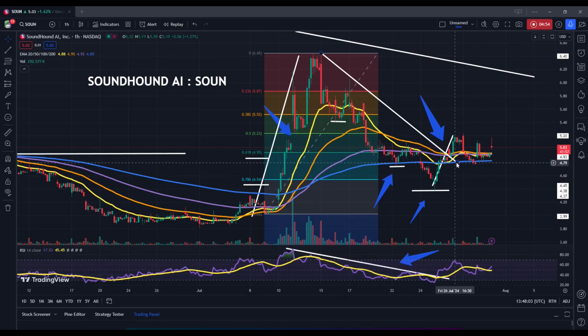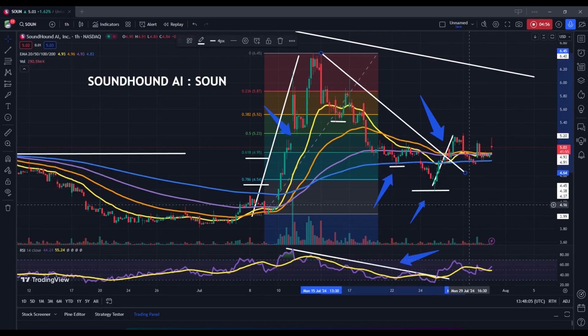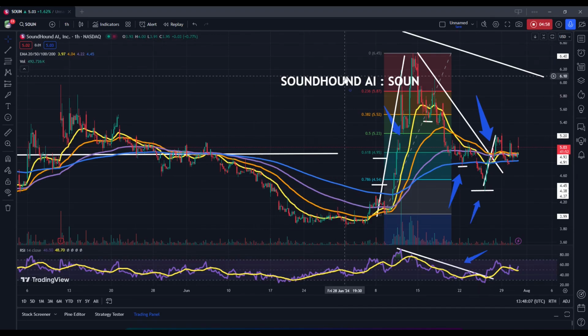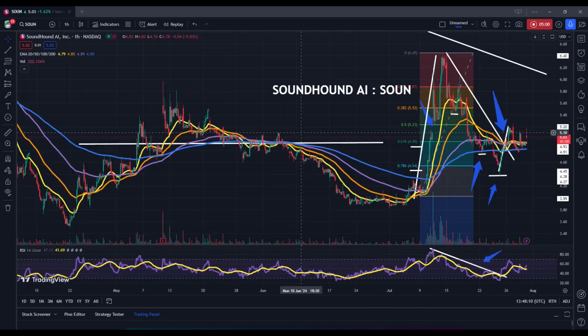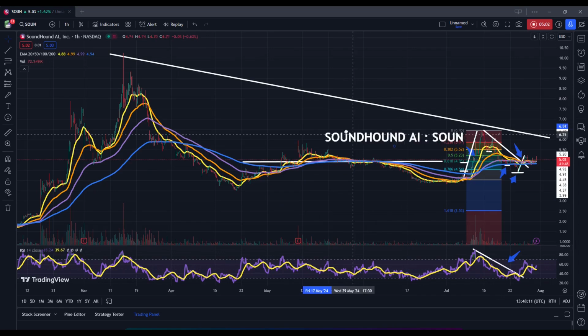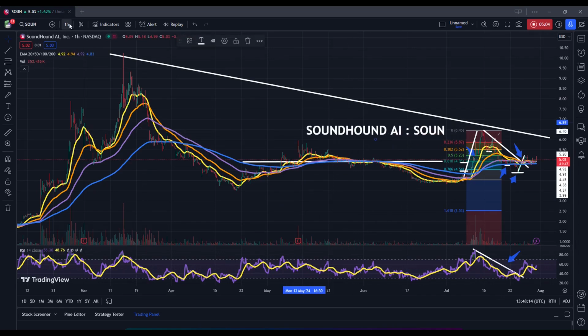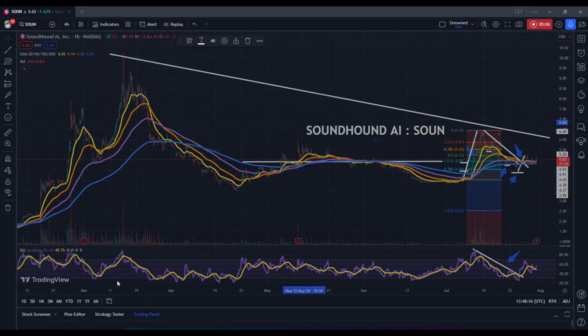In addition to this, we do have to take a longer term view here and assess where the stock stands relative to its broader trend lines. To do this, we can pull out here to the 4-hour chart.